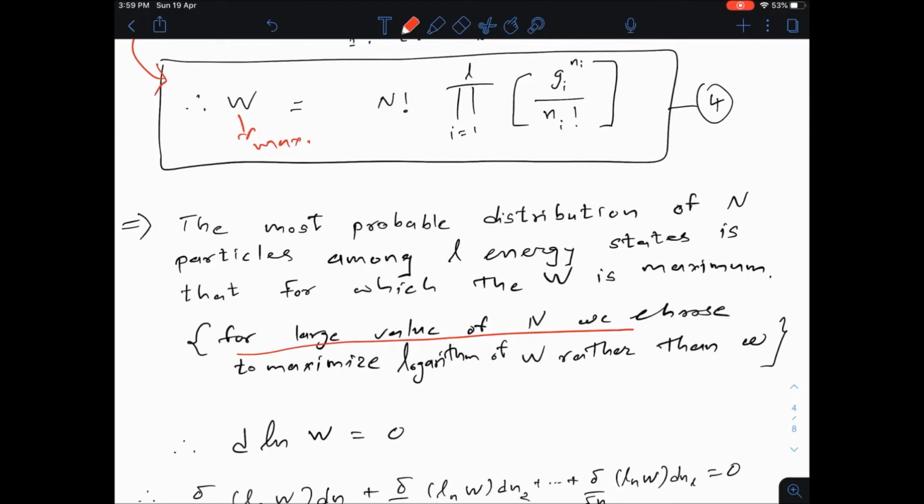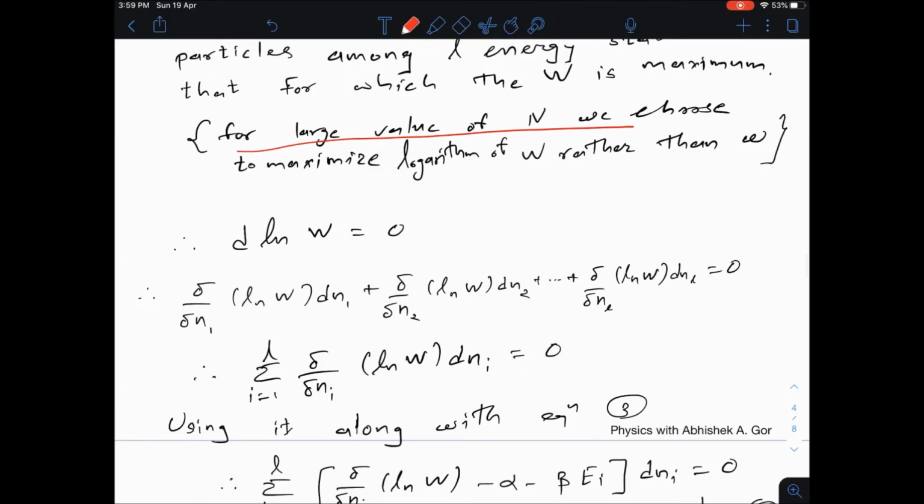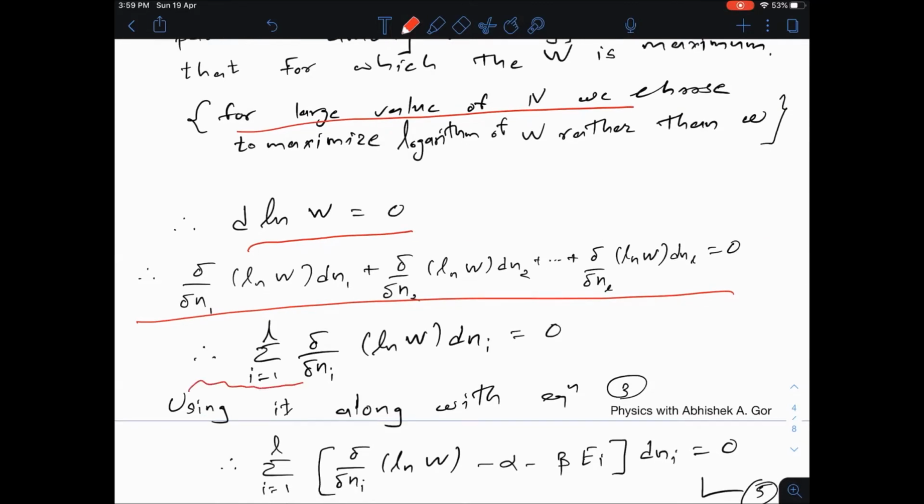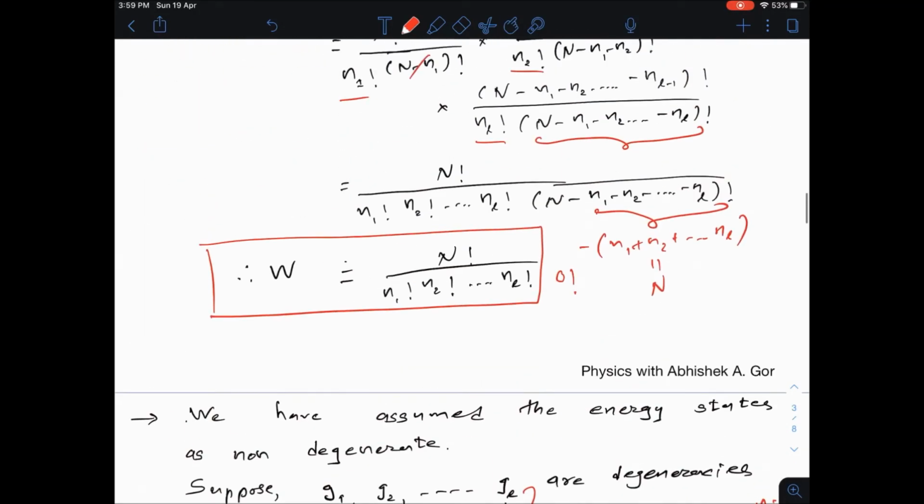So here we take the derivative of ln W. Now this is the equation, d ln W is equal to 0. Again I can write it in this form for all the levels, correct? Okay. Then this is the general expression considering the summation over i equal to 1 to L levels. Now using this equation along with the conservation of particles and the internal energy, which is equation number 3, let's go to equation number 3 again.